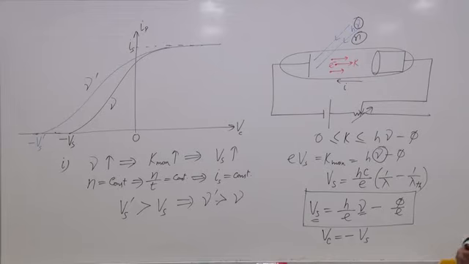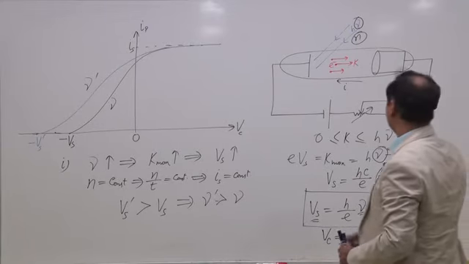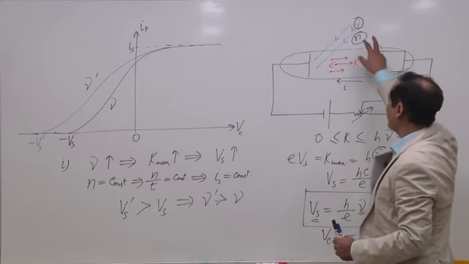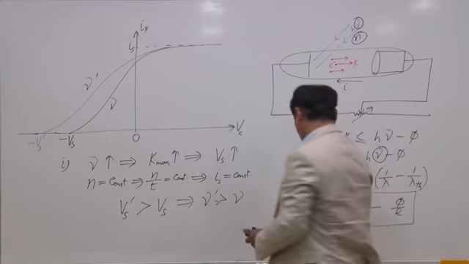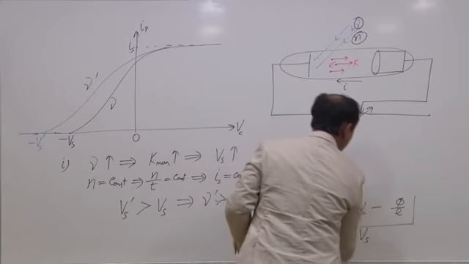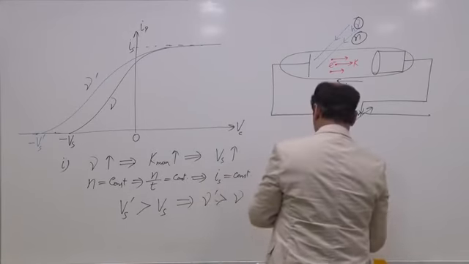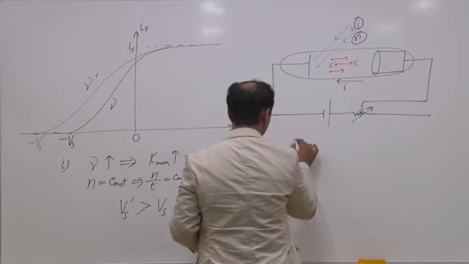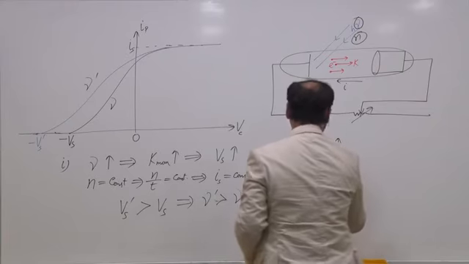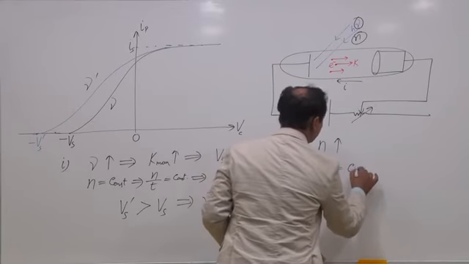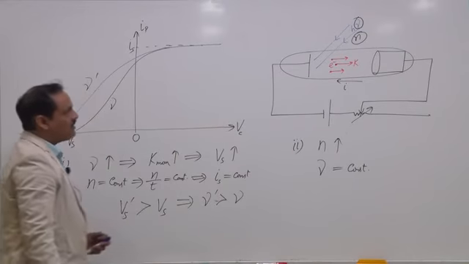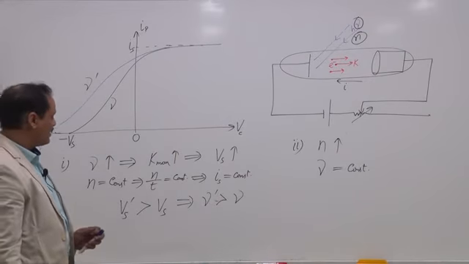Now the second one. If I change the rate of incidence of photons, if I increase n, then what will happen? Now the second case is n is increased and nu is constant. Frequency is kept constant and rate of incidence of photons is being increased.